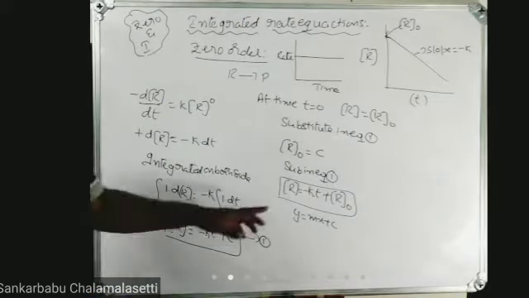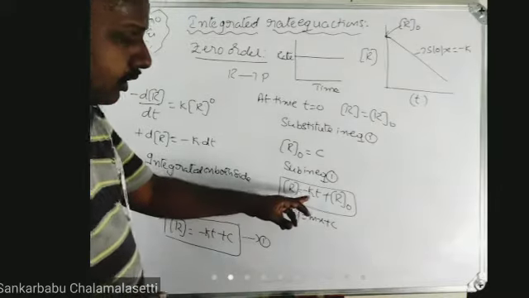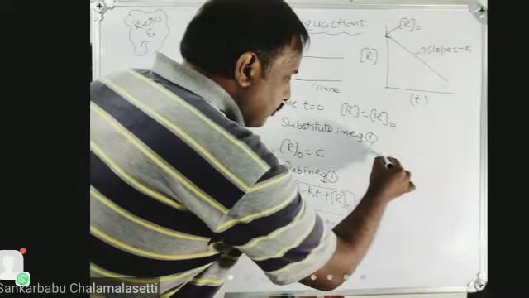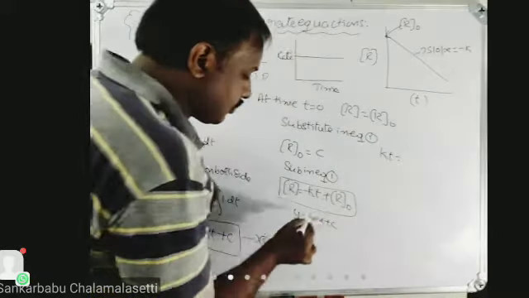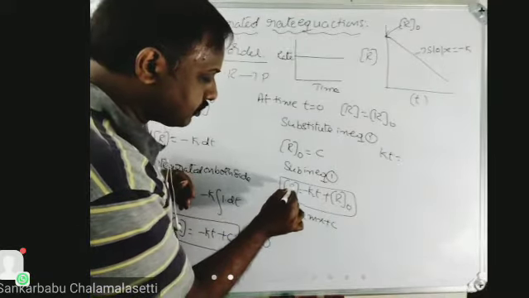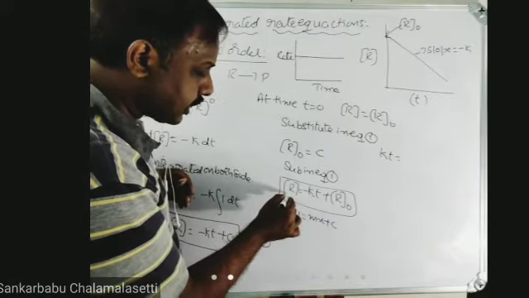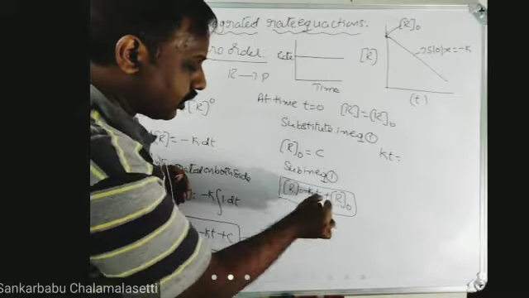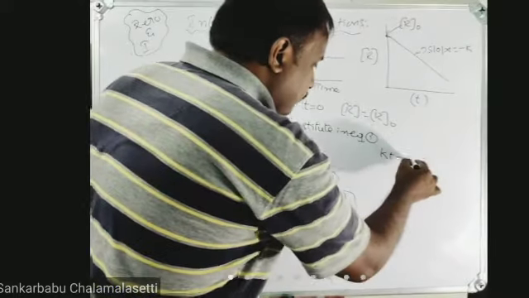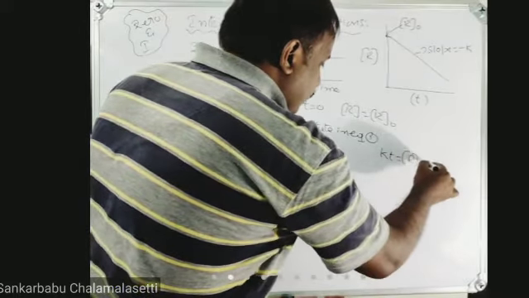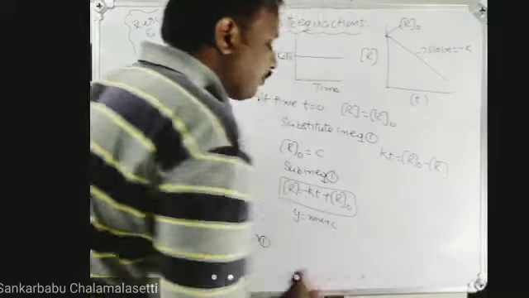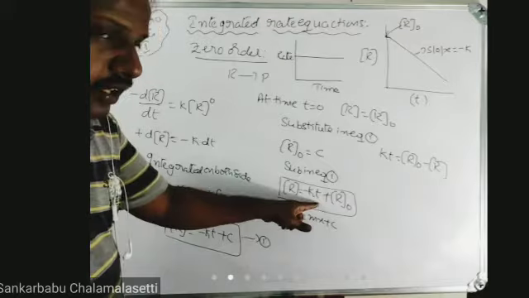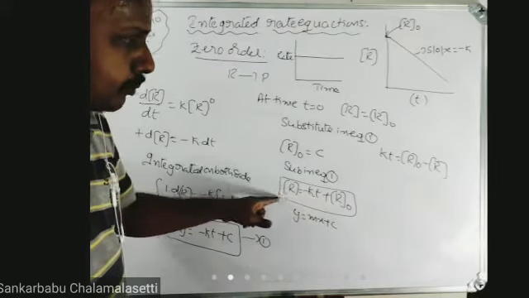So from this we can write kt is equal to R0 minus R. You bring kt to this side and R to this side, then the sign becomes positive.